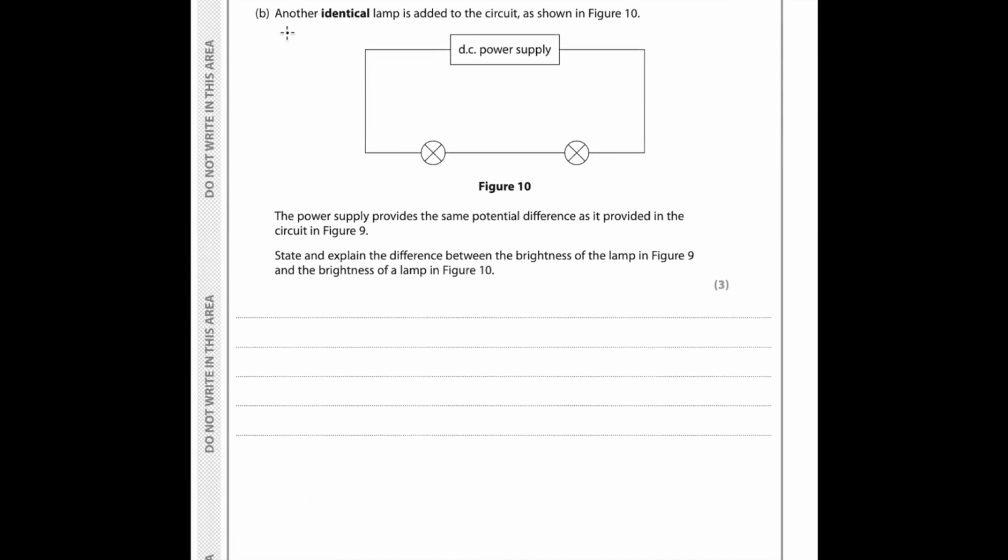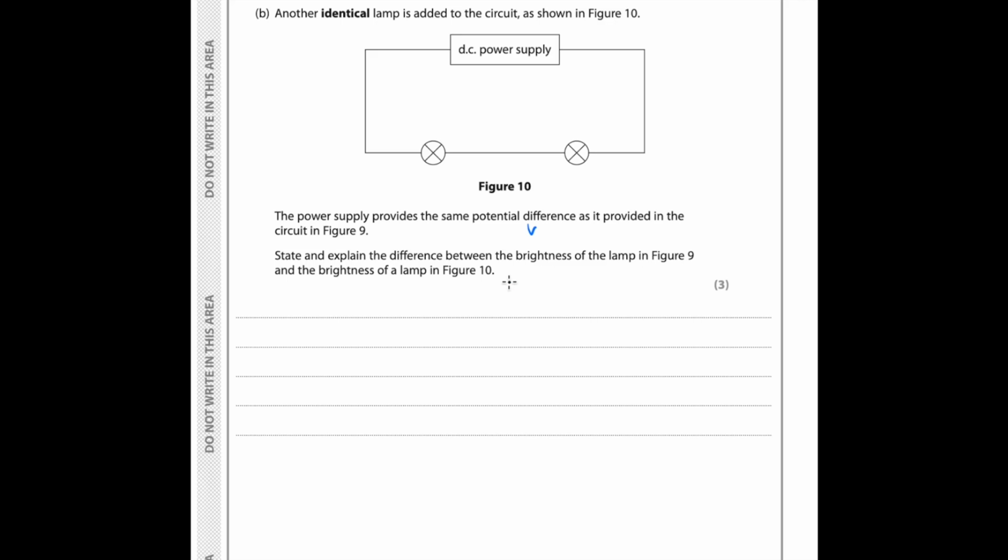Part B. Another identical lamp is added to the circuit as shown in figure 10. The power supply provided the same potential difference, so the same voltage, as it provided in the circuit in figure 9. State and explain the difference between the brightness of the lamp in figure 9 and the brightness of a lamp in figure 10. So figure 9 only had one bulb, so that got all of the voltage, so that'll be twice as bright.